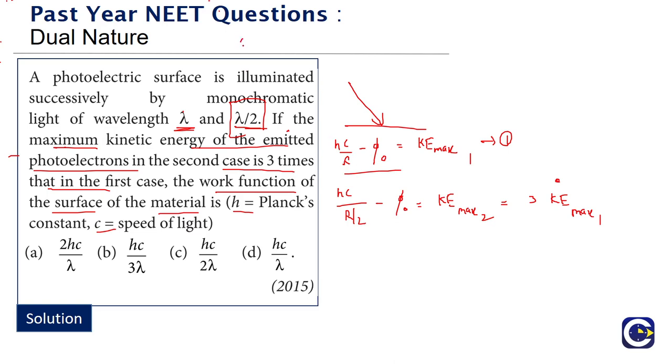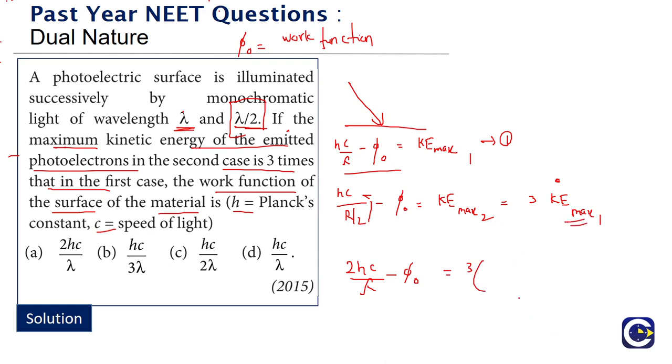Here phi naught is basically the work function, and this is what we have to get. So we have to find the value of the work function. Let us see how we do it. Now we are just going to do the last step. The 2 will go to the numerator, so what we will have is 2 hc by lambda minus work function is equal to 3 times Ke max 1.